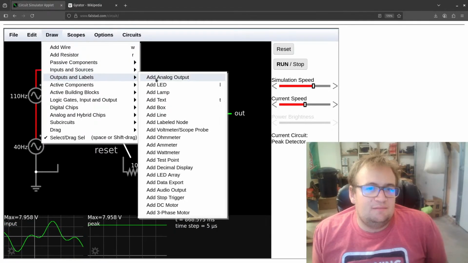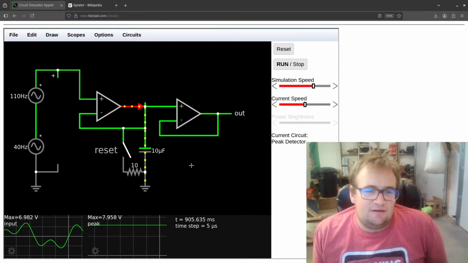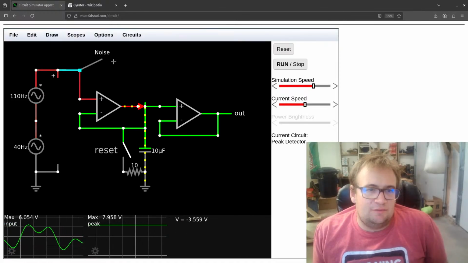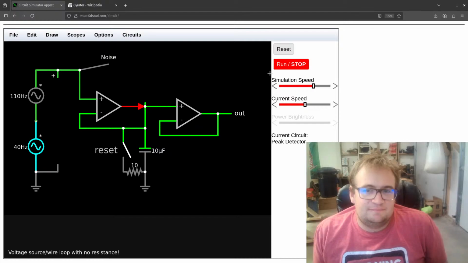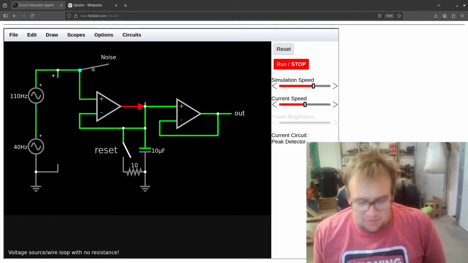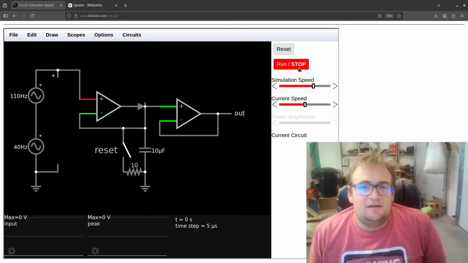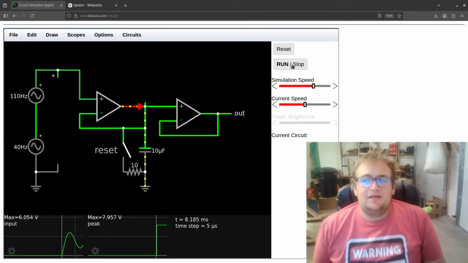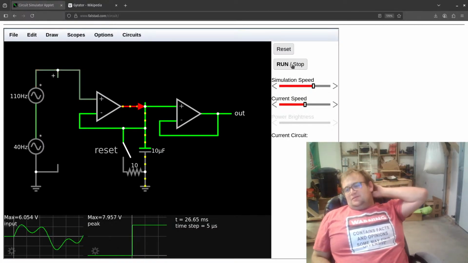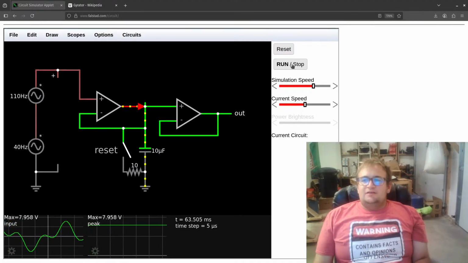We go inputs and sources and noise generator. Let's do a noise generator right here. Oh. Doesn't like that because I broke the circuit. Okay. Let's go Control Z. Run, stop. Sorry, I broke the circuit. I used the noise generator.